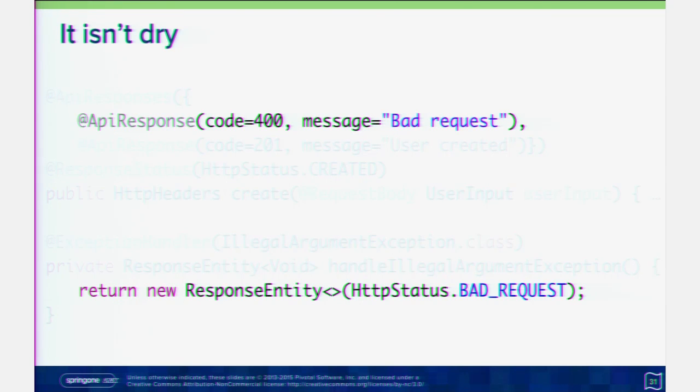A more problematic variant of that, and one that I think is just a fundamental flaw of the approach, is that here there's an exception handler that handles an illegal argument exception and returns a bad request response in the event of an illegal argument exception being thrown. But that's something that's happening at runtime, and it's very difficult for them to do static analysis of your request mapping stuff and figure out that that's what's going to happen.